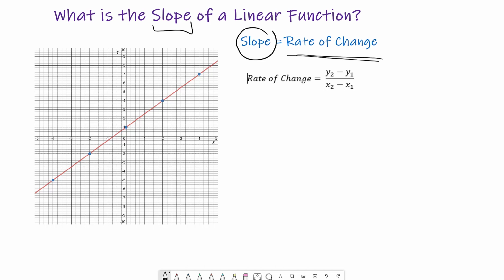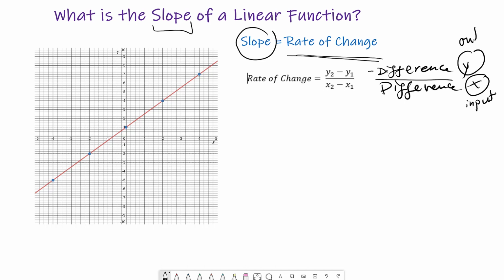And we define the rate of change as the difference in the y values divided by the difference in x values. As a reminder, x's are our input values, y are the output.